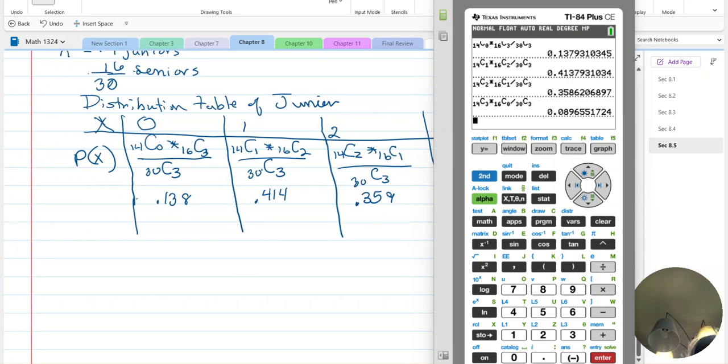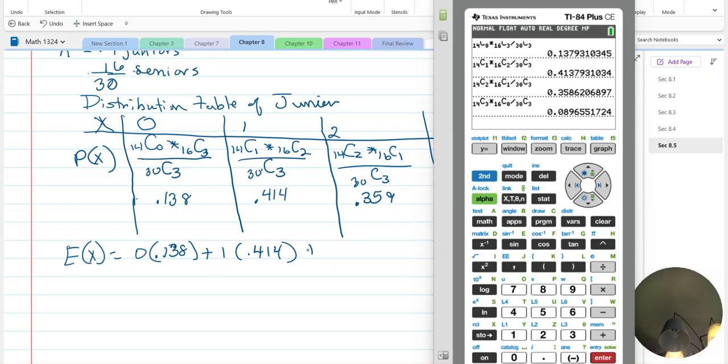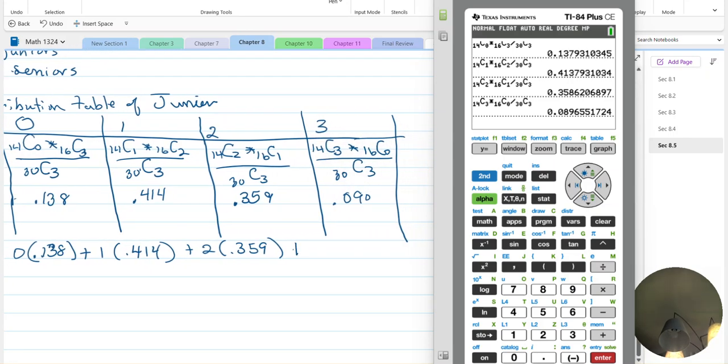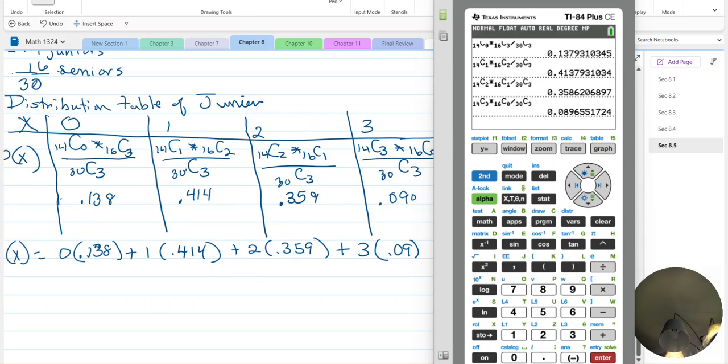So now we want expected value. I'm going to have 0 times 0.138 plus 1 times 0.414 plus 2 times 0.359 plus 3 times the 0.09. All right. So I'm not going to do the 0.